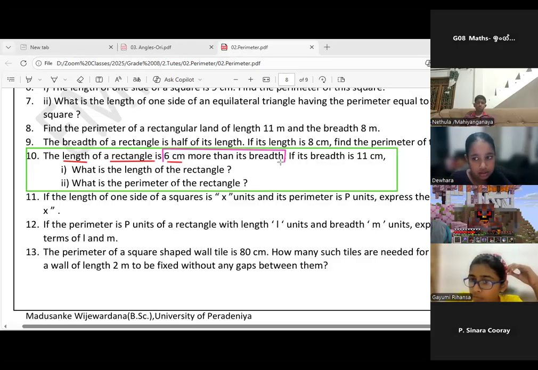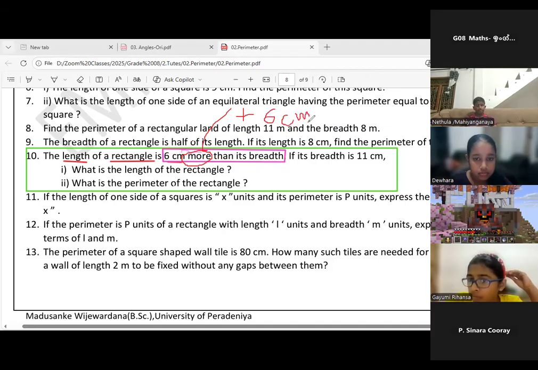More than. When you hear the word more, the thing you need to remember is that we are going to add. The meaning of the word more is that we are going to add how much length? 6 centimeters of length.